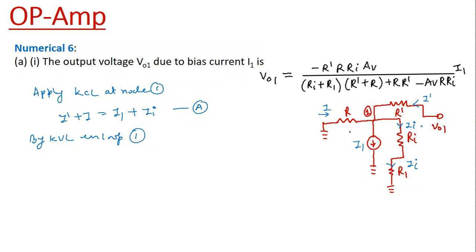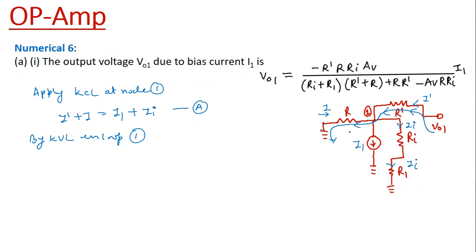Our loop 1 starts from VO1 and moves through R dash, R to ground. This is the direction of the loop current.